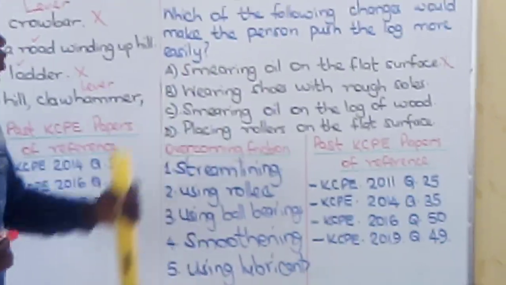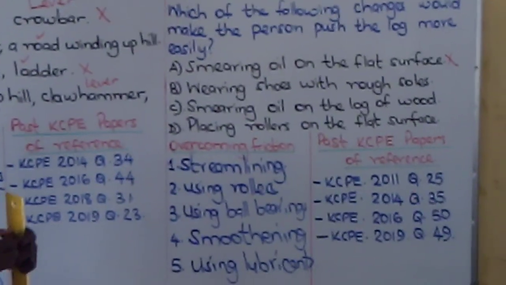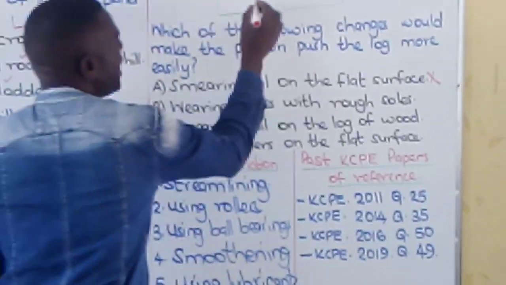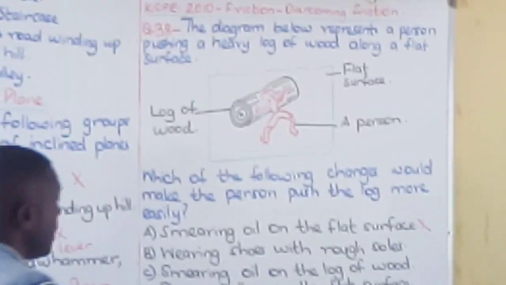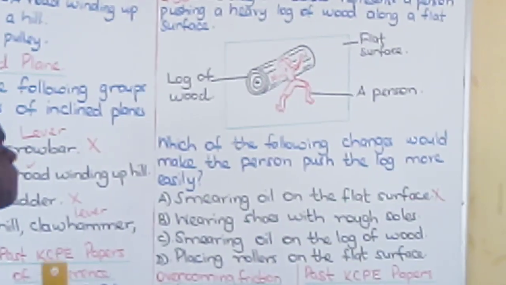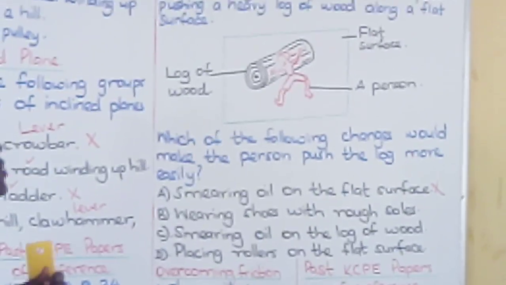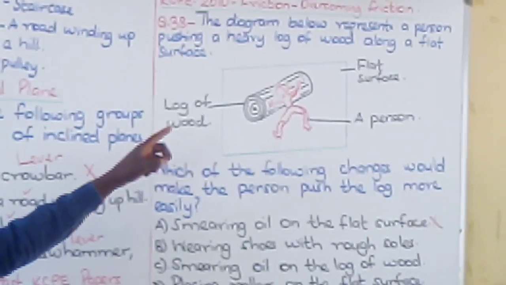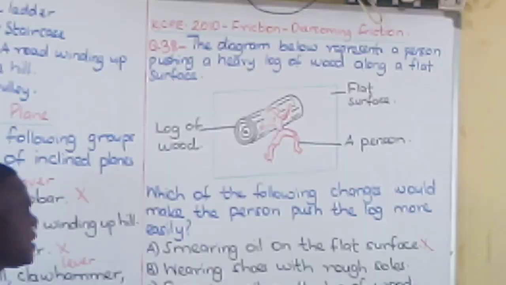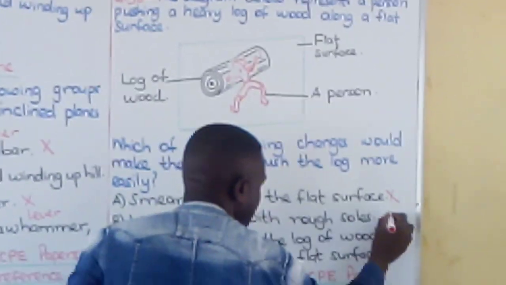Wearing shoes with rough soles. Now, it is the person here that would wear the shoes with rough soles. The person will be firm on the floor, but it's not the person that we are pushing. We are pushing the log. And so that one would not actually help us.